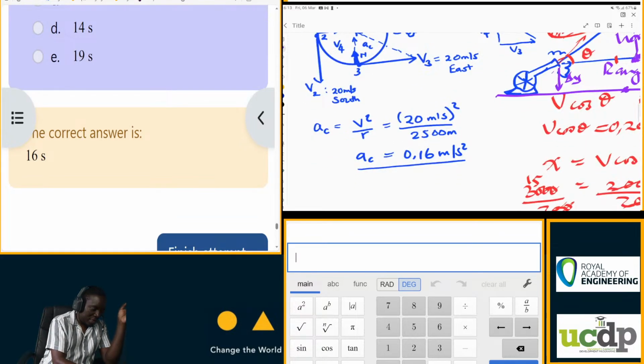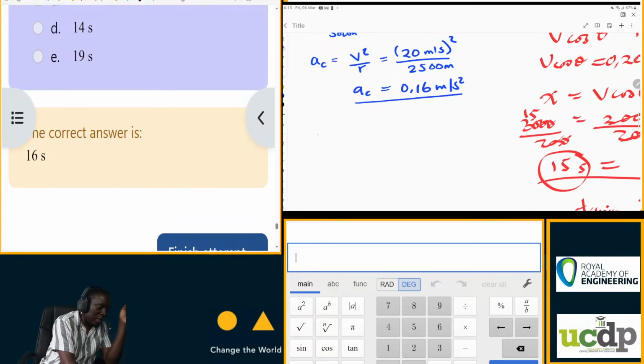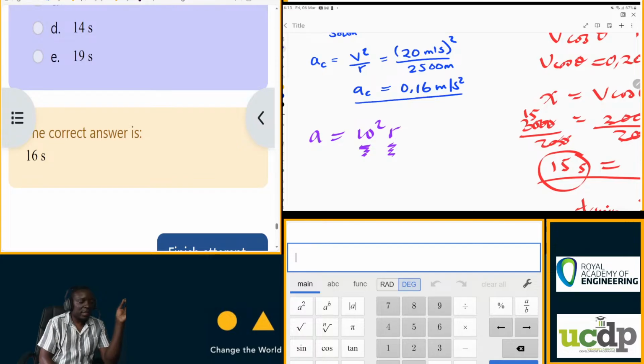But centripetal acceleration can be given as omega squared r, which is the square of the angular velocity or angular frequency multiplied by the radius.